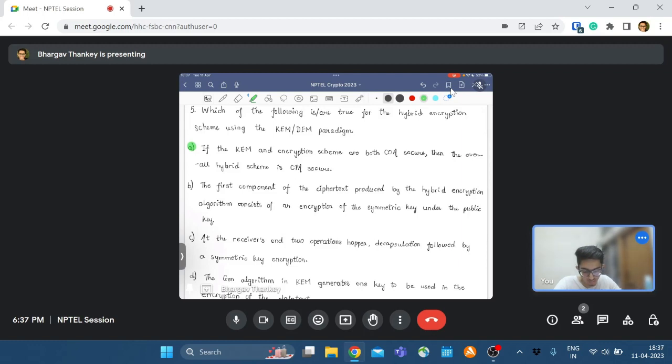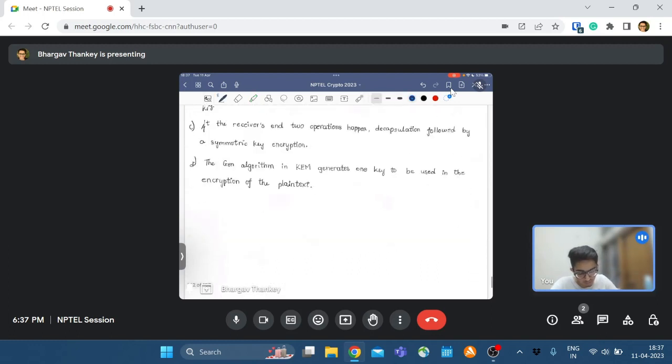Option B is the first component of the ciphertext produced by the hybrid encryption algorithm consists of an encryption of the symmetric key under the public key. Well, this is false.